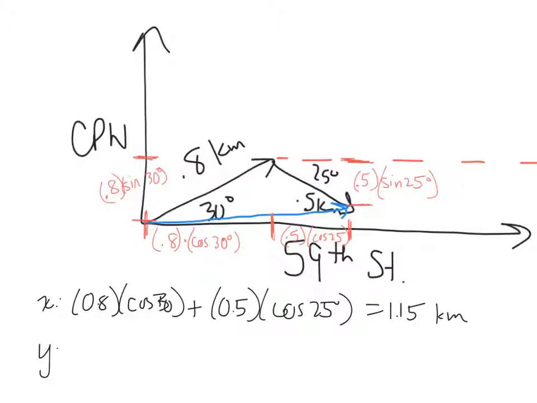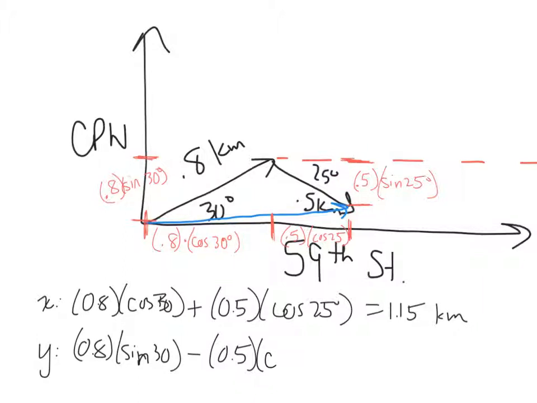And in the y direction, I'm going to do similarly 0.8, but now times the sine of 30 to get the y component of that first vector. And then I'm going to remember either to add the opposite or just subtract the next one. Why am I subtracting this again? Because the y value is coming down. Remember, this is falling, so this is like a positive y, and this is coming back down as a negative y.